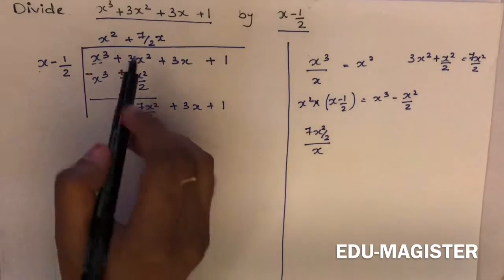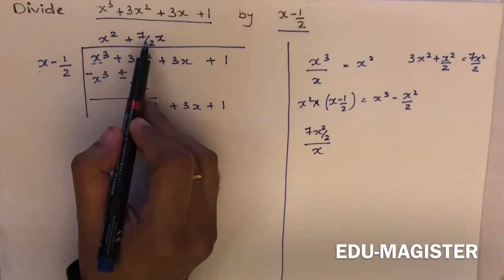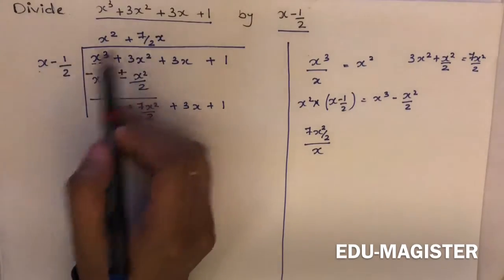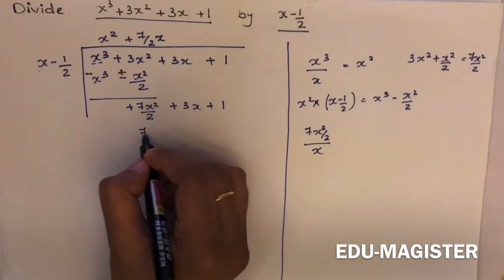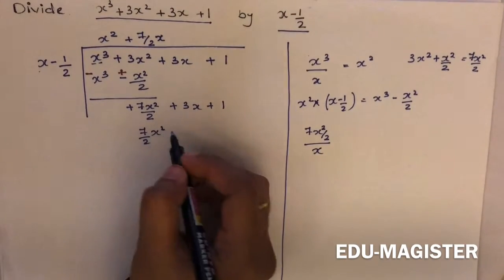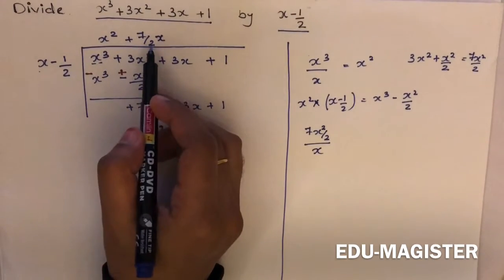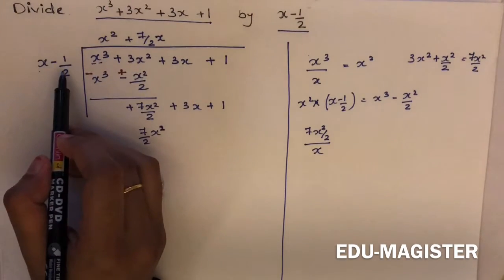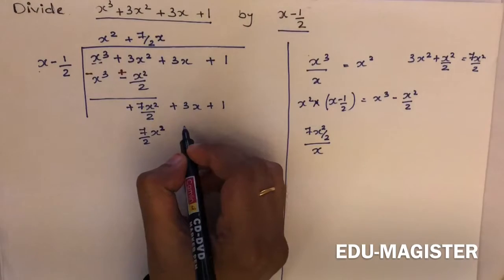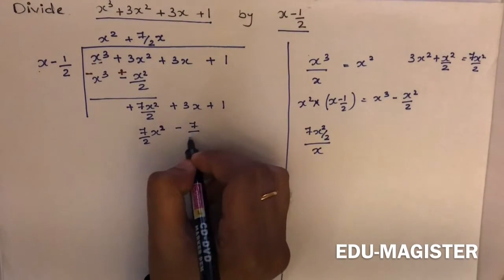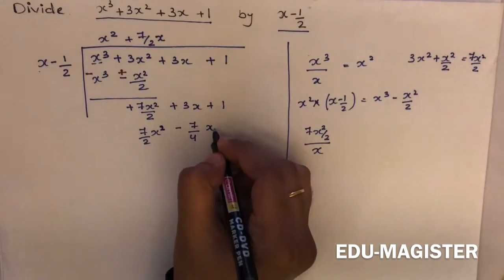So when I cancel, I'll get 7 by 2 x. Now when you multiply it back, 7 by 2 x into x is 7 by 2 x square. And 7 by 2 x multiplied by negative 1 by 2 is negative 7 by 4 x.